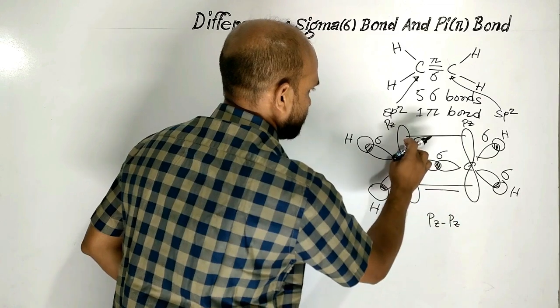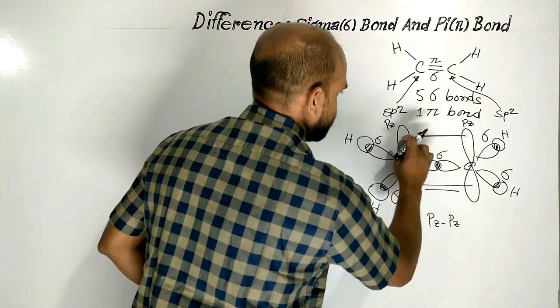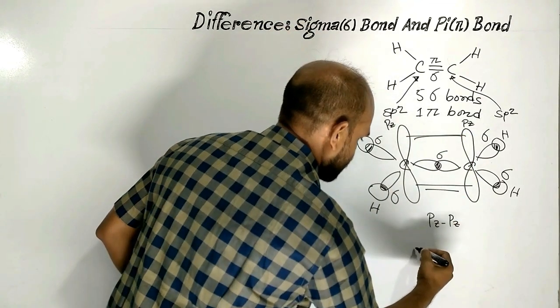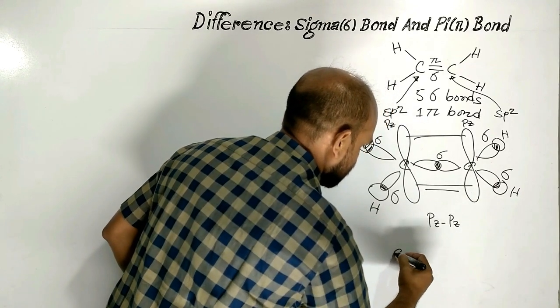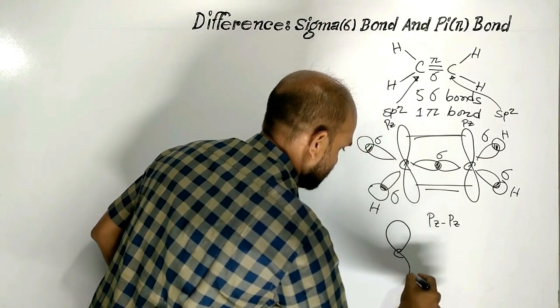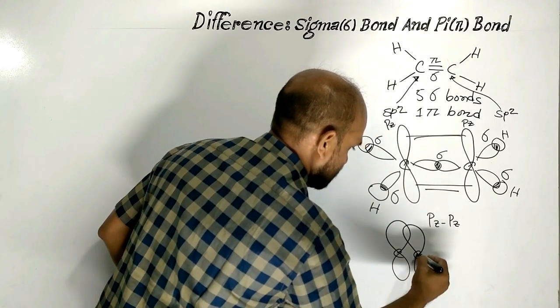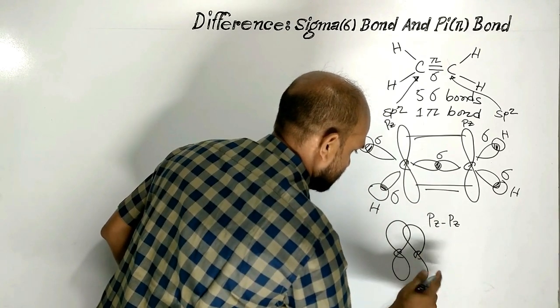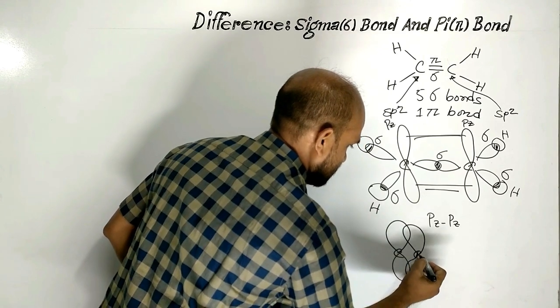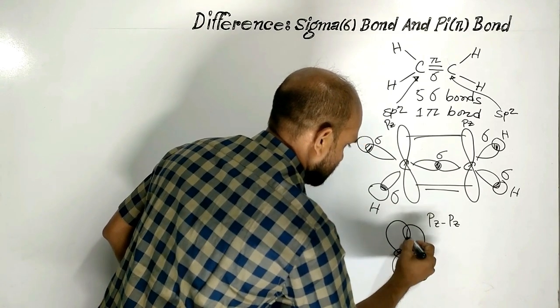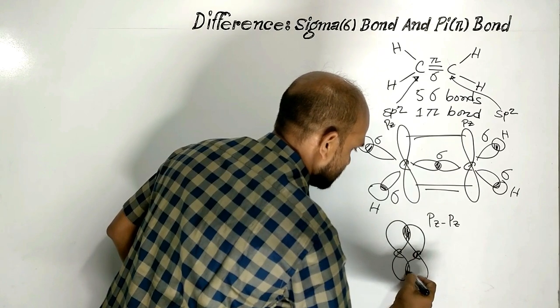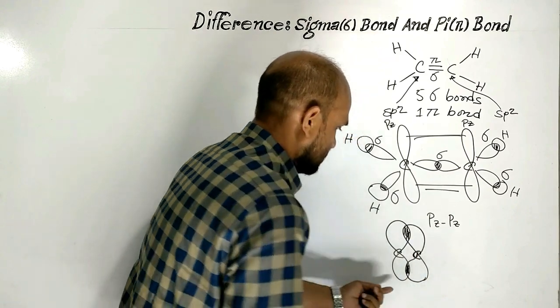Overlap between unhybridized pz orbitals can be shown in this way. Here, sidewise overlap occurs.